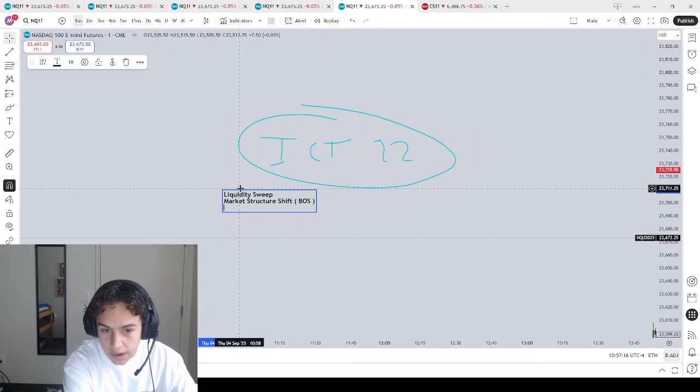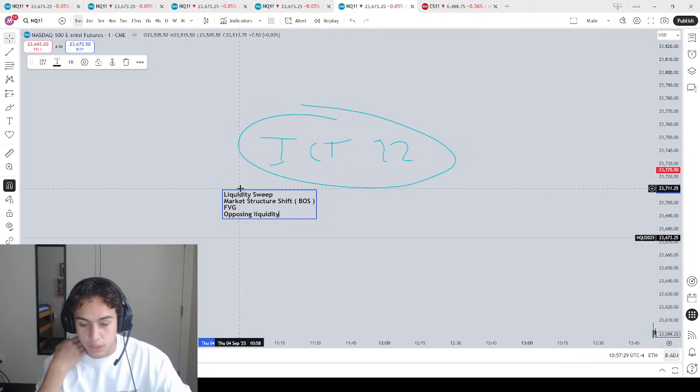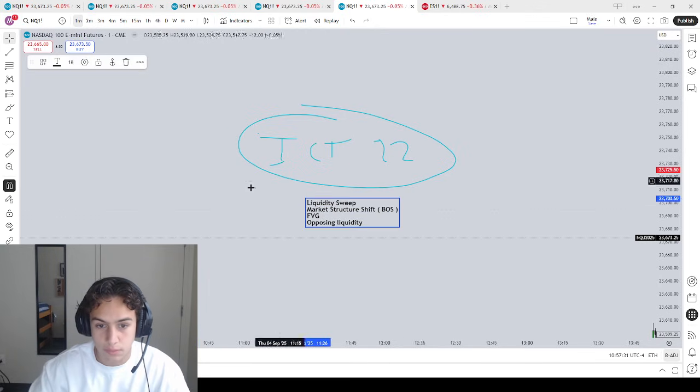And then after that, I want to see a fair value gap, and then I want to see it trade into that fair value gap, and then I want to see it run towards opposing liquidity. Okay, that's pretty much the model, on a very broad general basis.